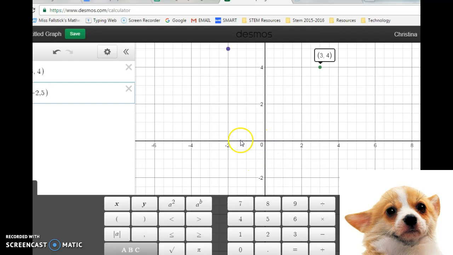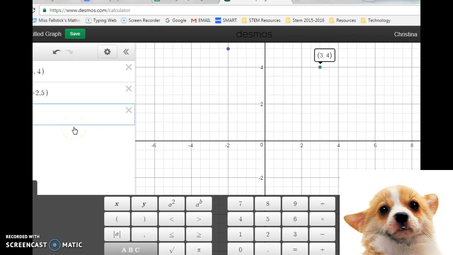I went in the negative direction on the x-axis and then up +5 on the y-axis. Now, the next point, let's make them both negative: (-4, -6).